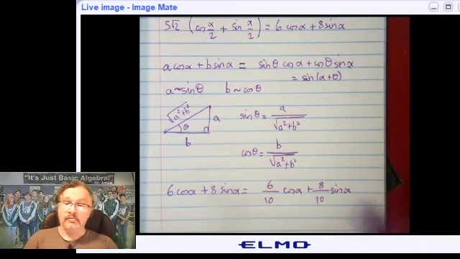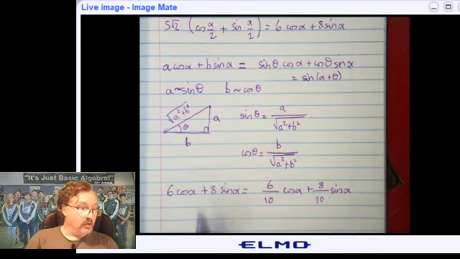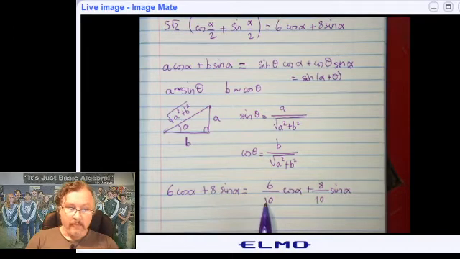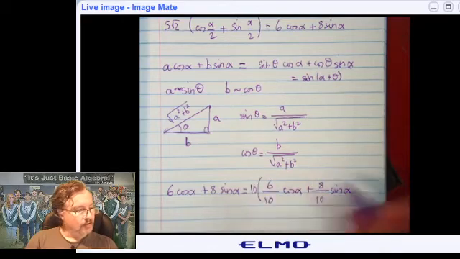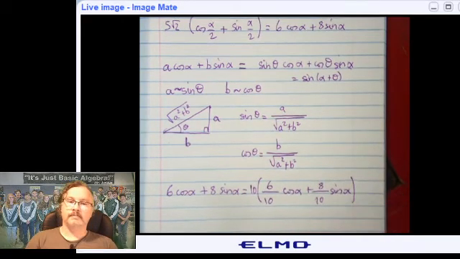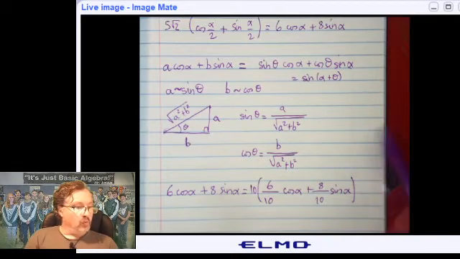Now careful, a lot of students make the mistake. You cannot say that this is equal to this when you divide by 10. If you want to say they are equal, you need to also multiply by 10 like this. Okay? So, how does that help?